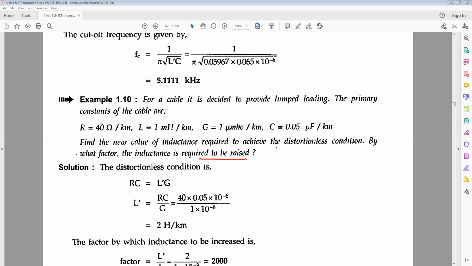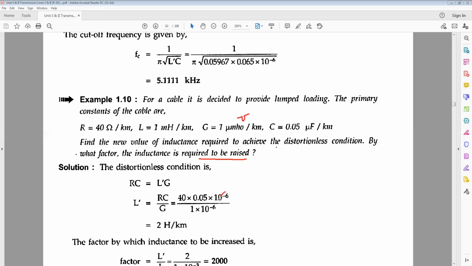R is given as 40 ohms per kilometer and C is 0.05 microfarads, that is 10 to the power of -6 for micro, and G is equal to 1 micro mho per kilometer. So in this you can substitute to get the inductance.